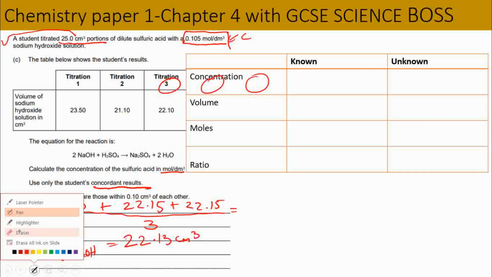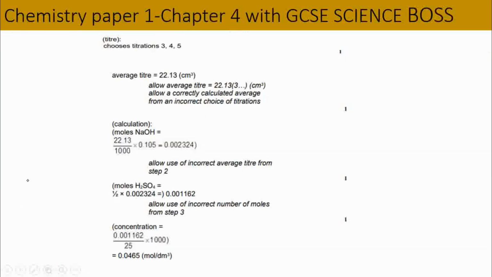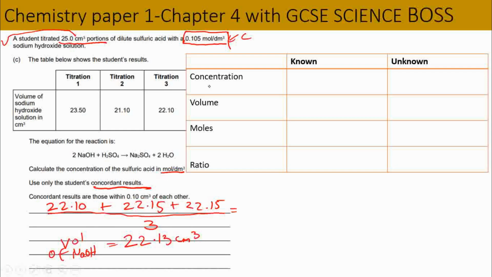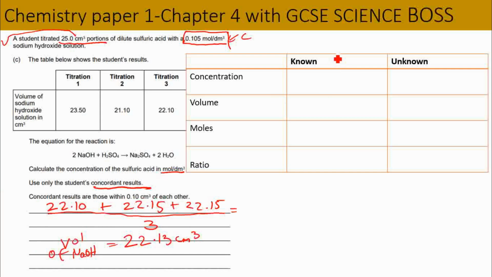Let me clear off some of these. So what's my known and what's my unknown? My unknown is the sulfuric acid, and my known is my sodium hydroxide. What do I know about my sodium hydroxide?